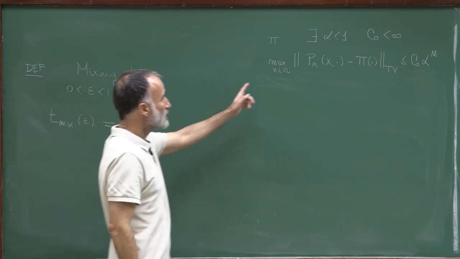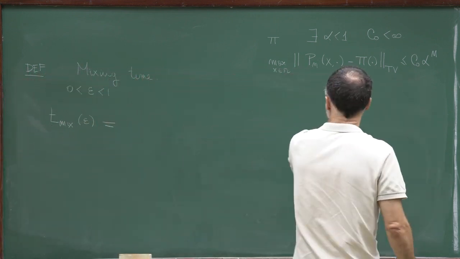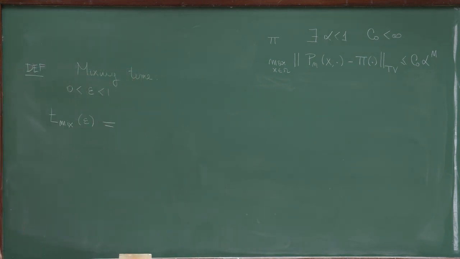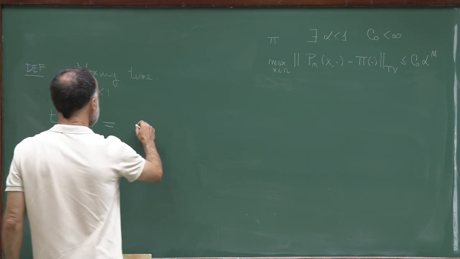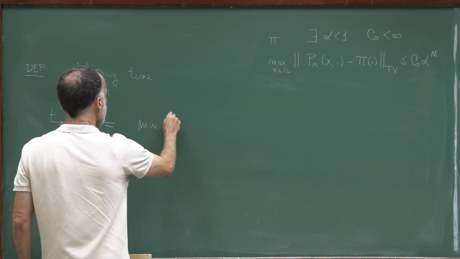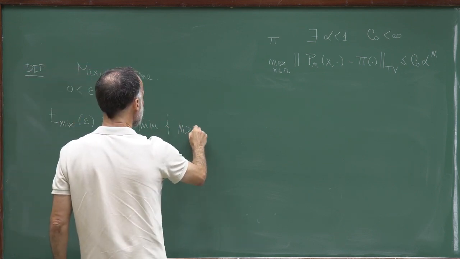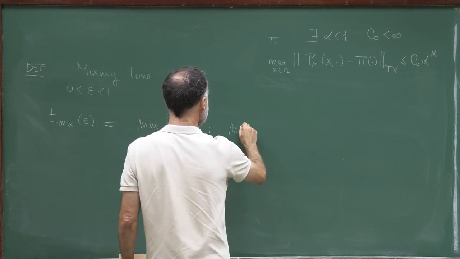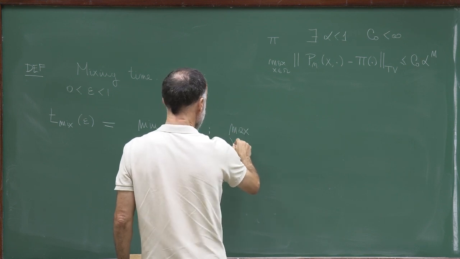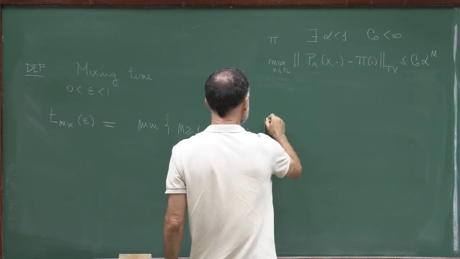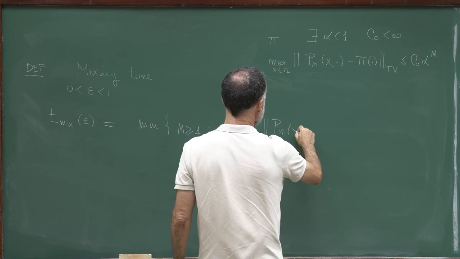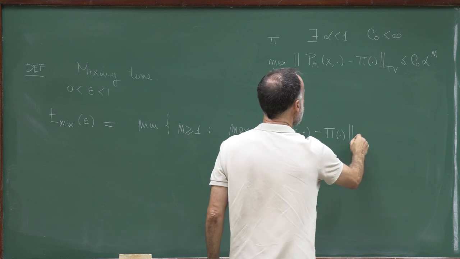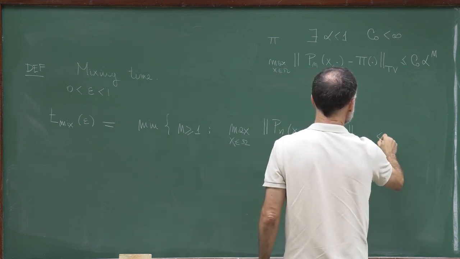I know that this maximum converges to 0, so it will be bounded by epsilon for n sufficiently large. So this is the minimum over all n larger than 1, such that the maximum over x in omega of the total variation distance between P^n x and pi is bounded by epsilon.